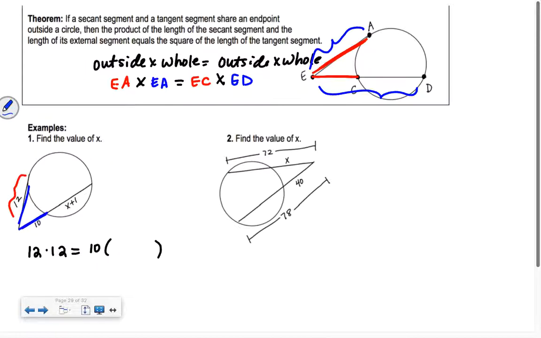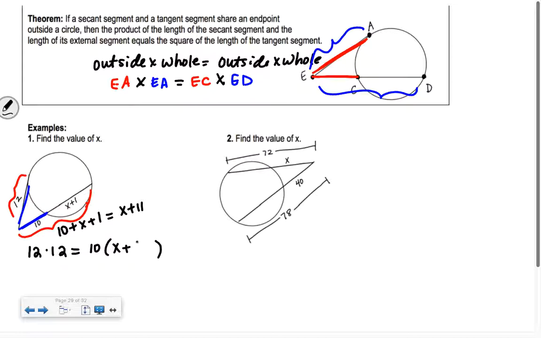And then we have the outside. But what is the whole length here? 10 times x plus 1. Close, but it's not times. 10 plus x plus 1. Well, what is 10 added to x plus 1? X plus 11. That's our whole.